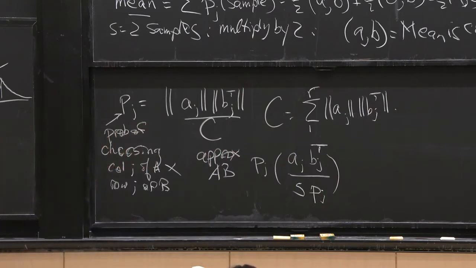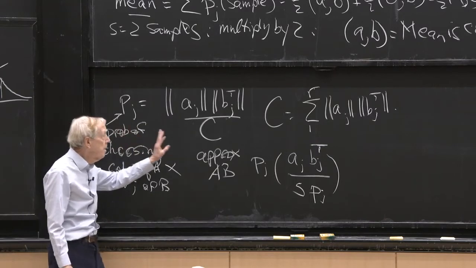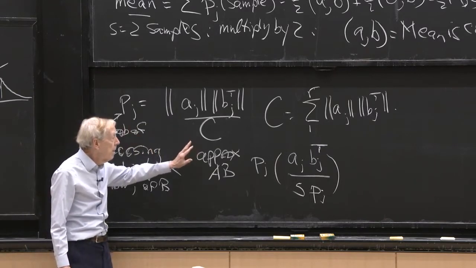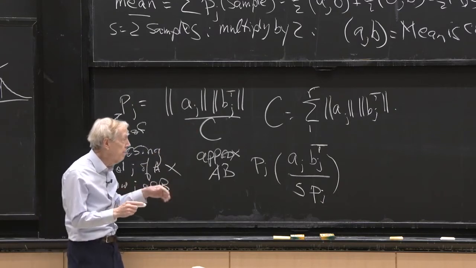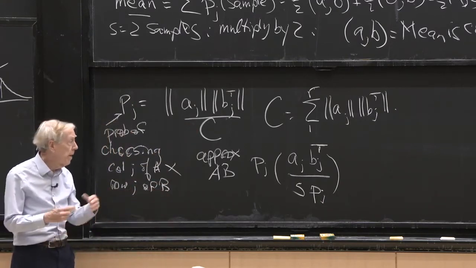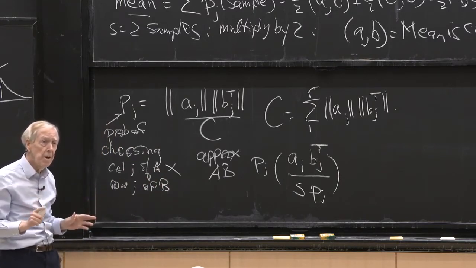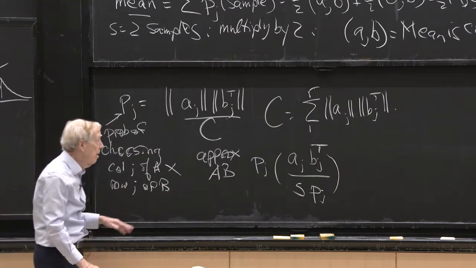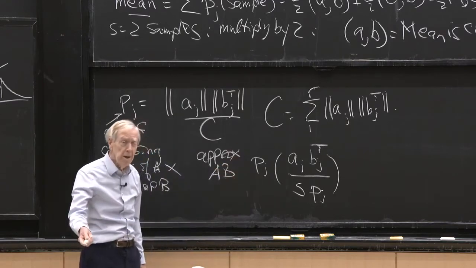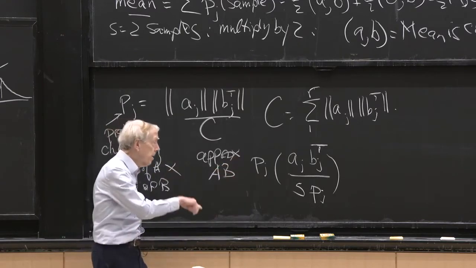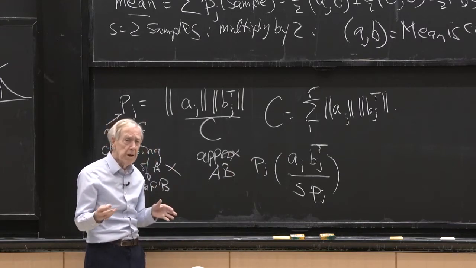I thought at first, that's weird. I went to all the trouble to pick these Pjs, claiming that these are the good ones. My claim to eventually prove at the end, first I'll have to understand how the sampling is done. That's the most important. But then when I go to compute the mean, I'll get the correct mean. And when I compute the variance, I'll get some expression for the variance.